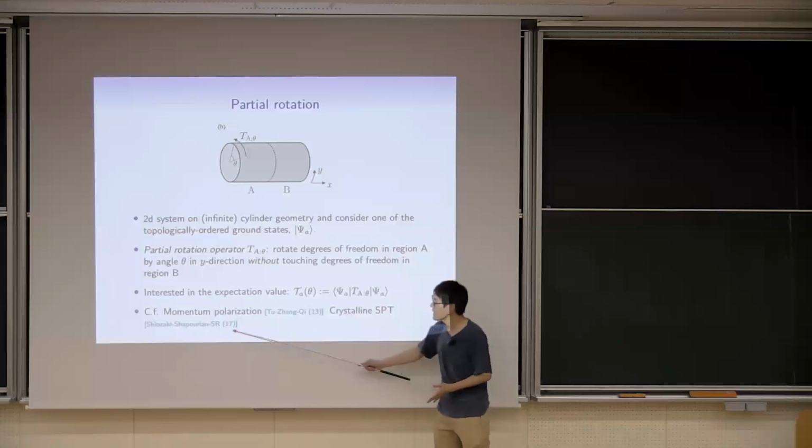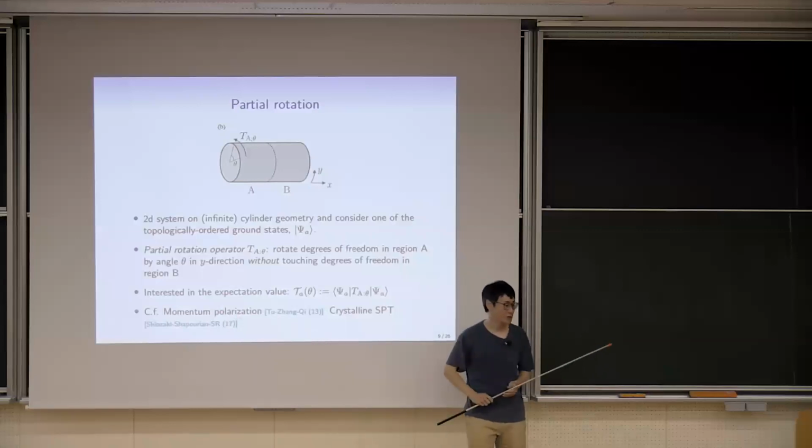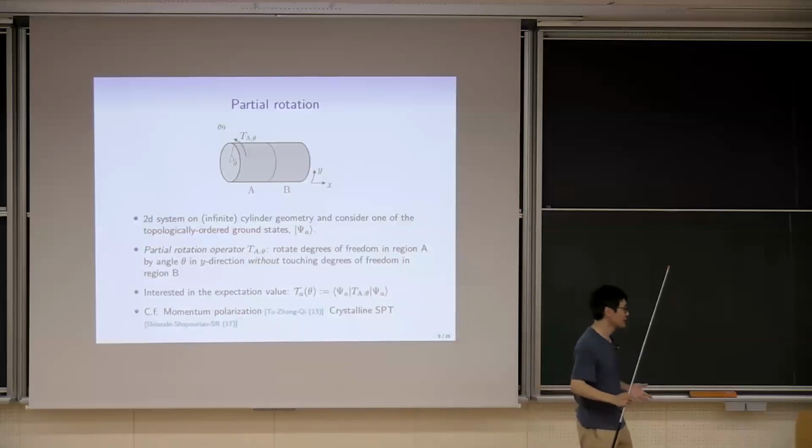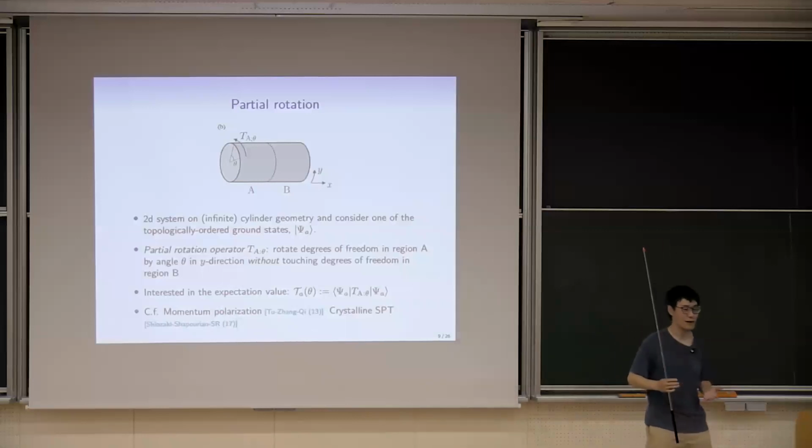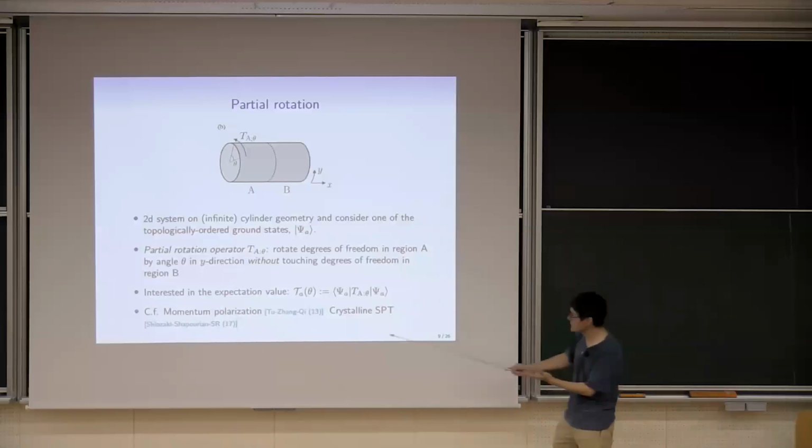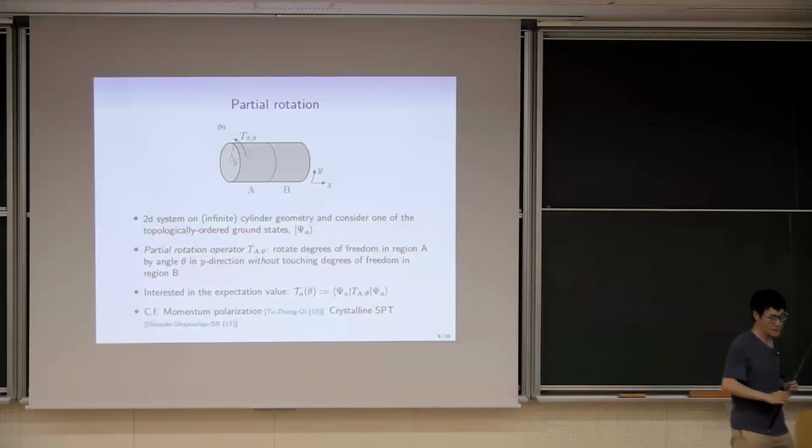But at that time, in 2017, the concept of higher central charge officially did not exist. So we did something already in this 2017 paper, but we're kind of revisiting the idea of using partial rotation to study topologically ordered systems.